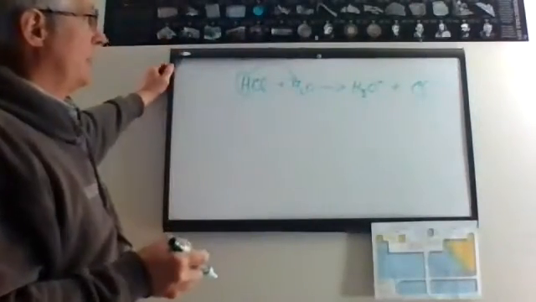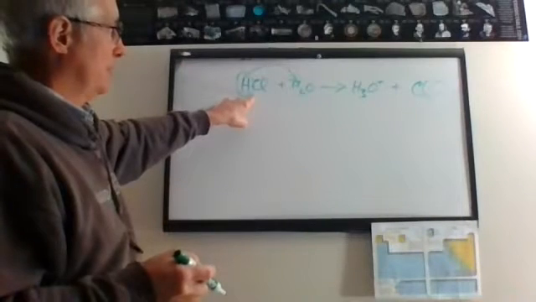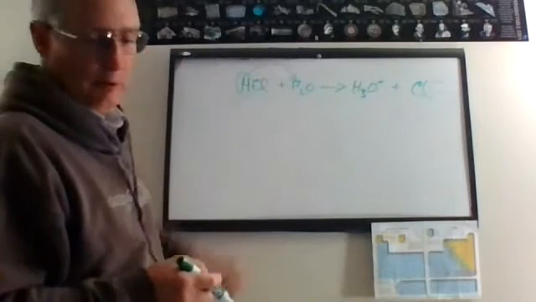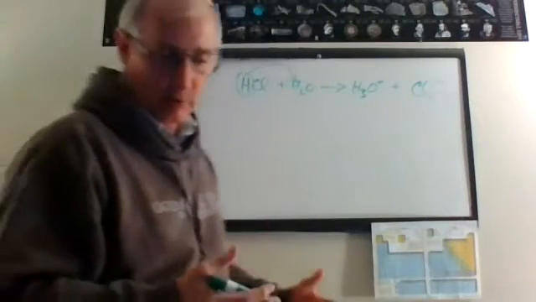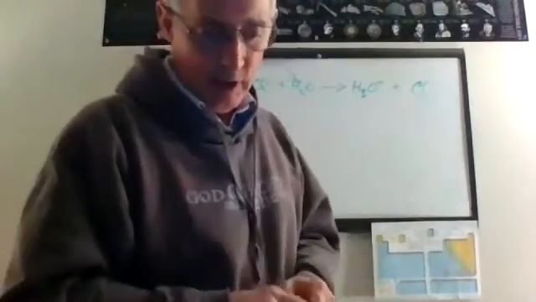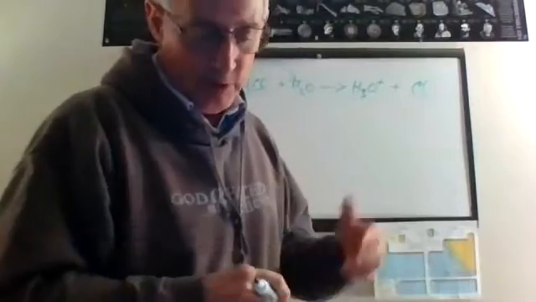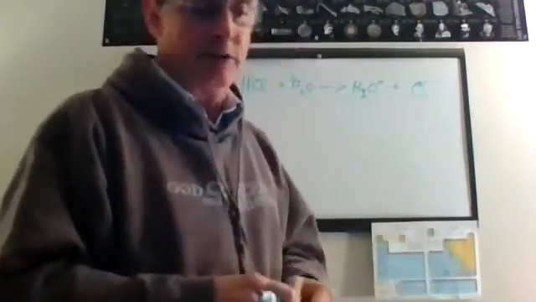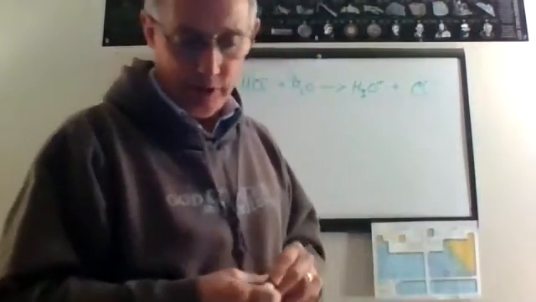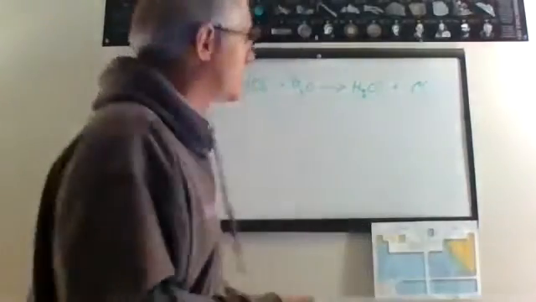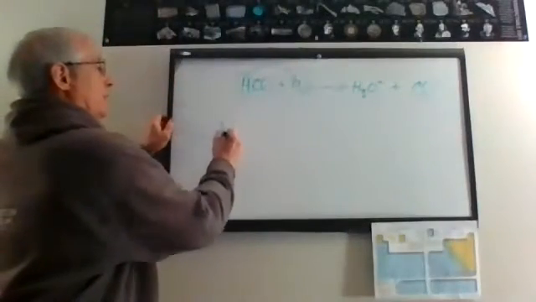Now, Arrhenius says that's an acid because it donates a proton. It releases a proton. It produces a hydrogen ion, or what we call a proton. When there's no electron on the outside of a hydrogen atom, it's called a proton. It's all that's left. And then a hydroxide producer would look like this.